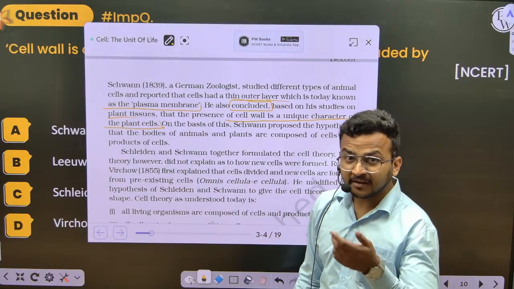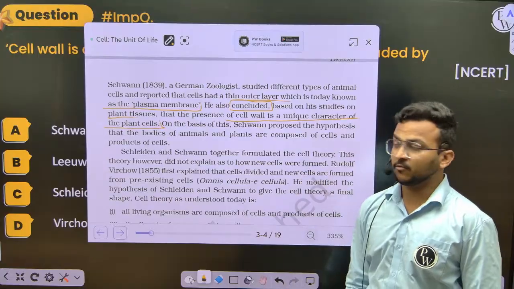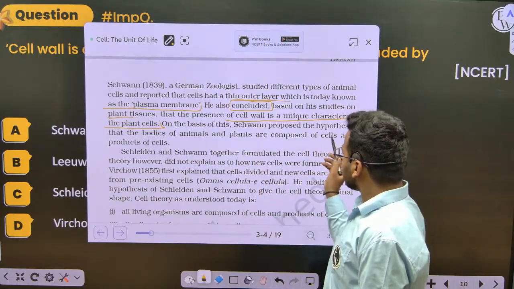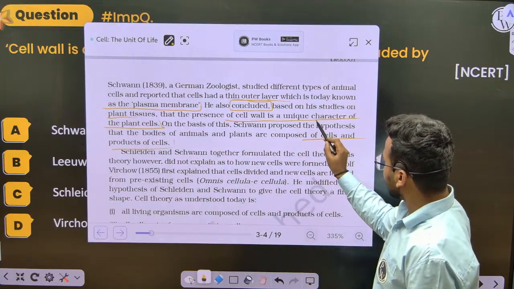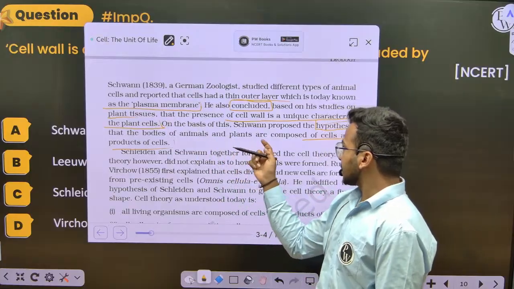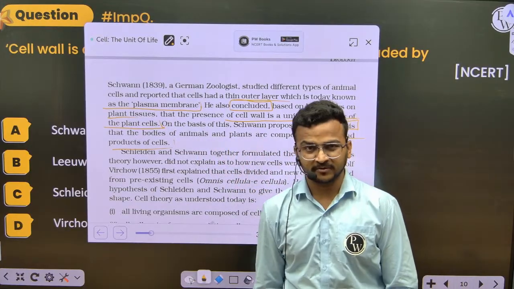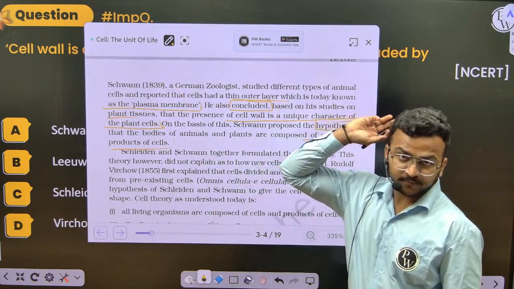So the plant cell has extra protection, made up of the cell wall. He also gave a hypothesis, that is, plants and animals are composed of cells and products of cells. That hypothesis was given by Schwann.